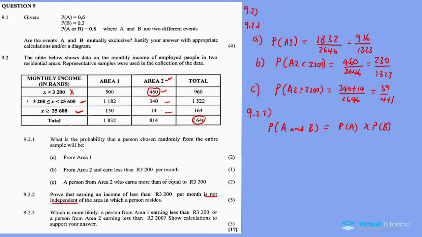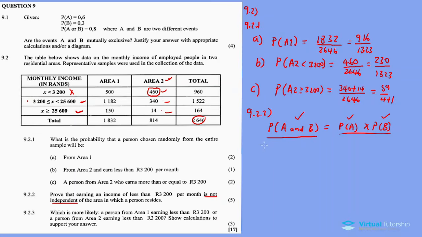If they are not independent, this will not be equal to this. So we will find the probability of A and B, the probability of A and the probability of B. Then calculate the right hand side, calculate the left hand side and compare the outcomes.